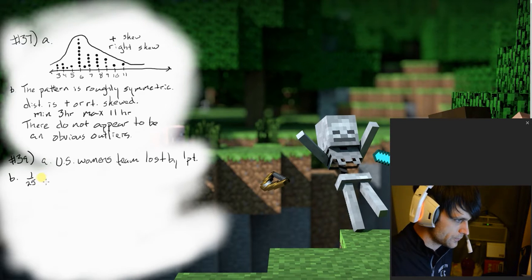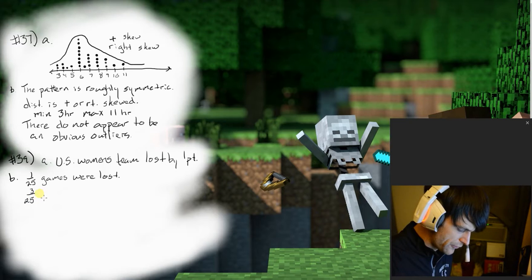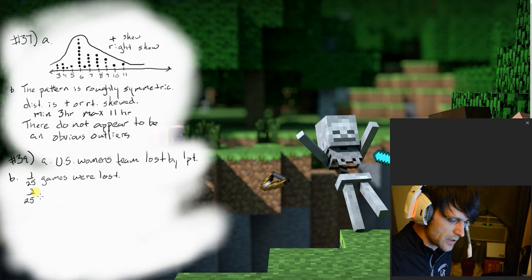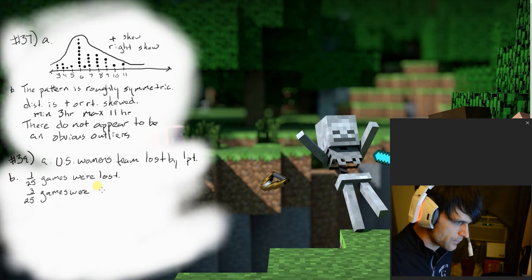Three out of 25 games had a goal differential of 0, so that means neither team won. So we're tied or we're drawn. And then 21 out of 25 games.